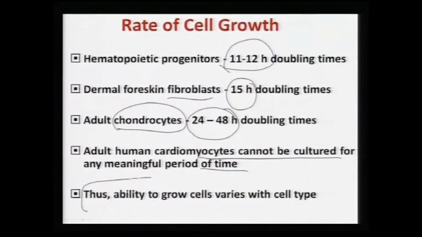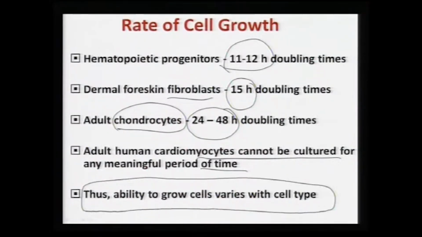So, what you see here is that the ability to grow cells also varies with the cell type. Typically, it is of the order of a few hours or sometimes 1 or 2 days. So, 12 to 15 hours is for fibroblast cells, whereas 24 to 48 hours is for chondrocyte cells.